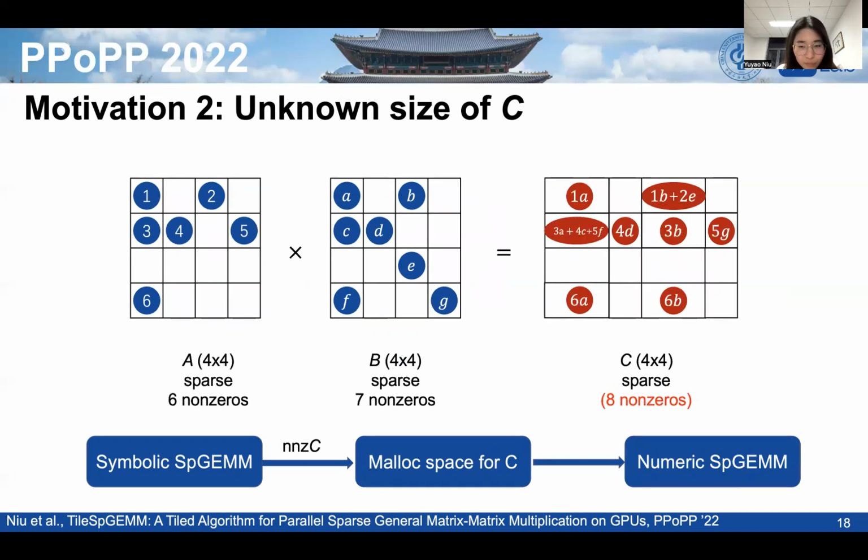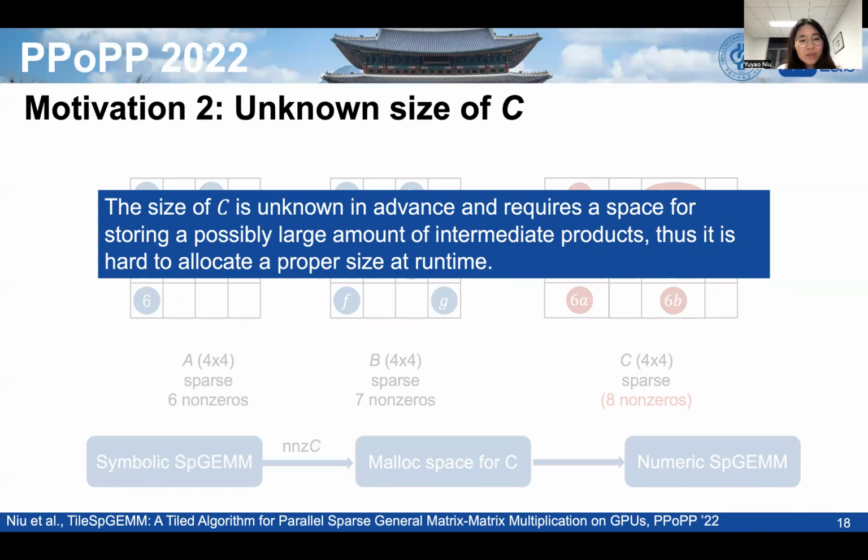So in this case, we actually do SpGEMM twice in the process. The size of C is unknown in advance and requires space for storing a possibly large amount of intermediate products, so it is very hard to allocate a proper size at runtime.